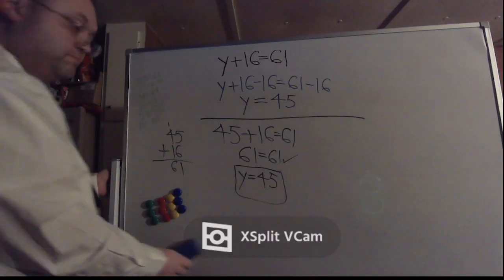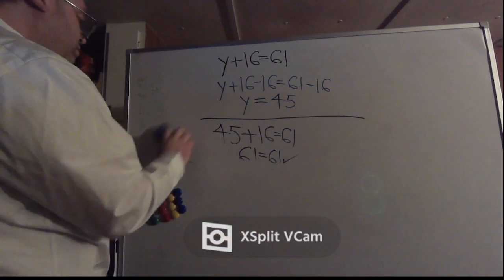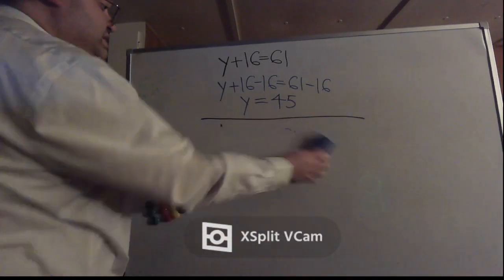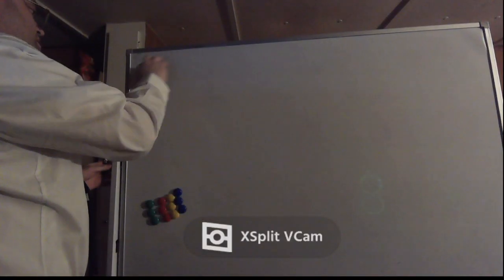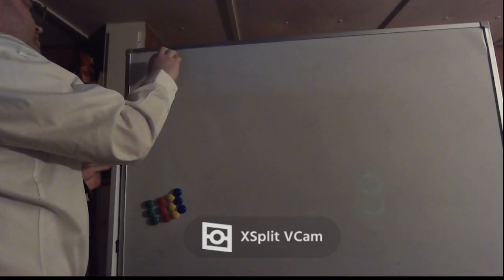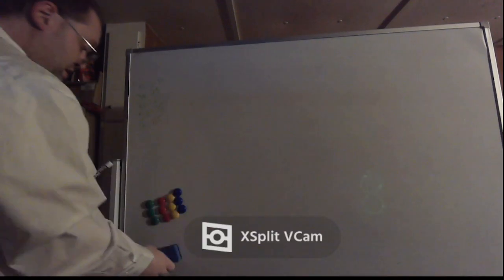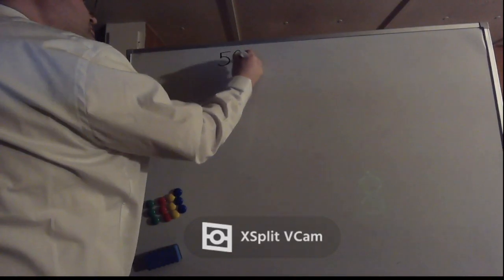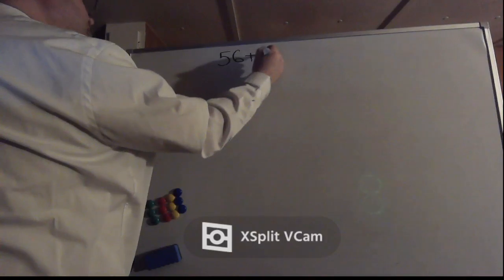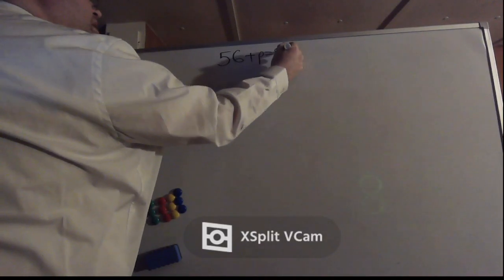All right. One more of the addition subtraction type. Then there's another type. Let's see here. We have 56 plus P equals 92.